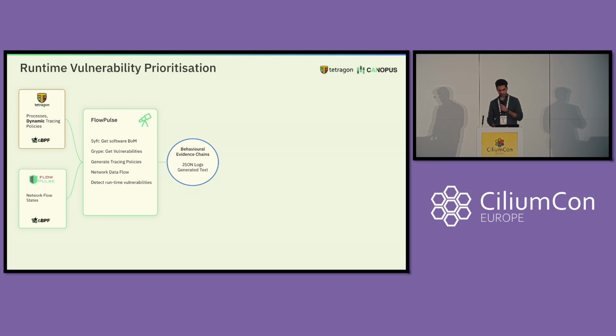After getting that, we feed back into Tetragon some dynamic tracing policies to track those file paths being executed or dynamically loaded by the processes. Combining this with the network data flow is going to generate our behavioral evidence chains in the form of JSON logs or text generated by the LLM models.